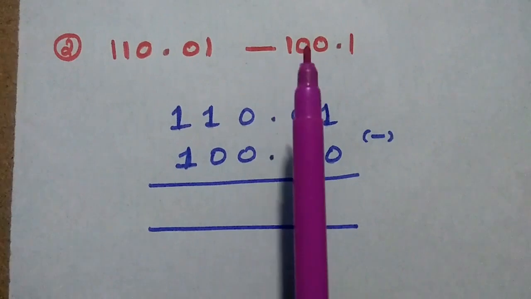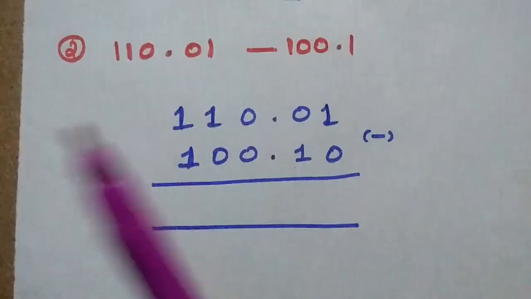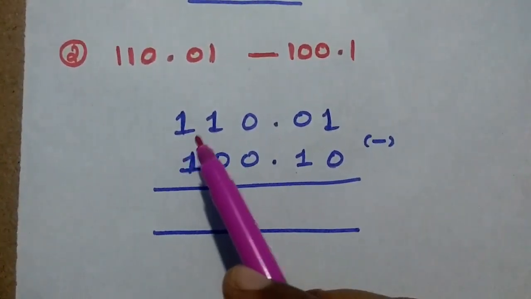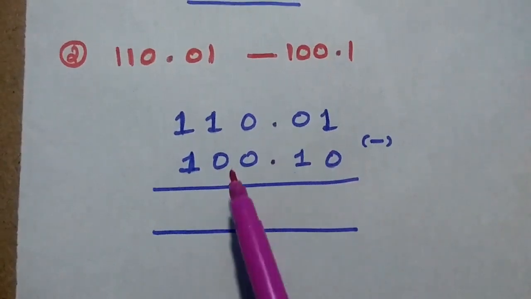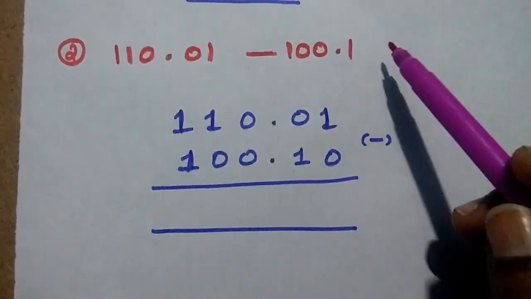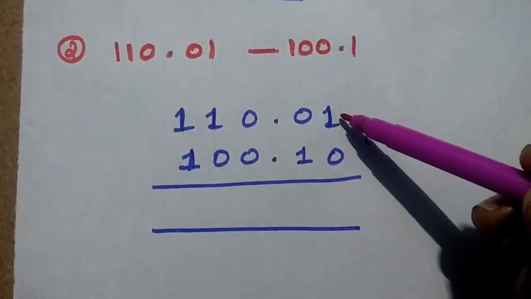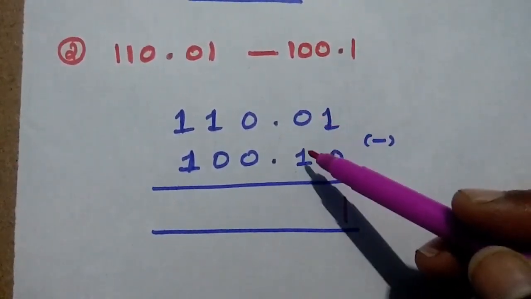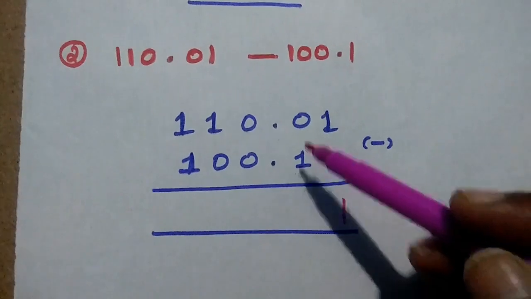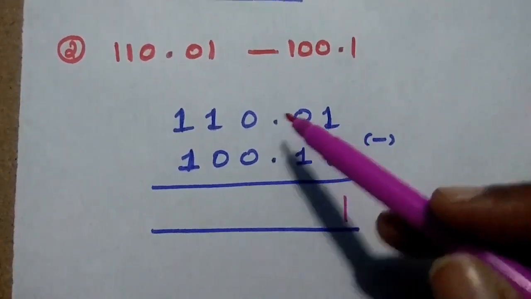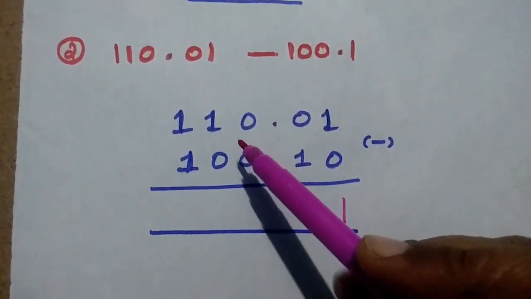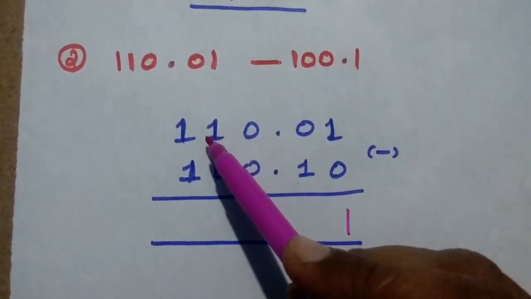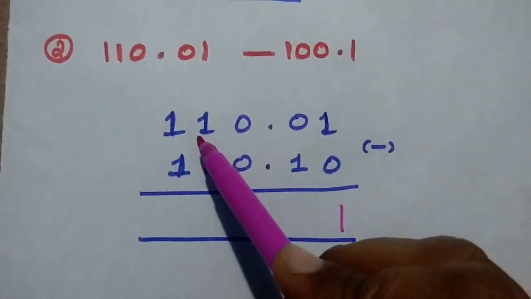The next problem is 110.01 minus 100.1. So in this one we have to write down 110.01 and 100.1. Here we can assume there is a 0. So 1 minus 0 is 1. Here 0 minus 1, so we need to borrow the value from the previous bit. Here it is 0, so we are going to borrow the value from this one.